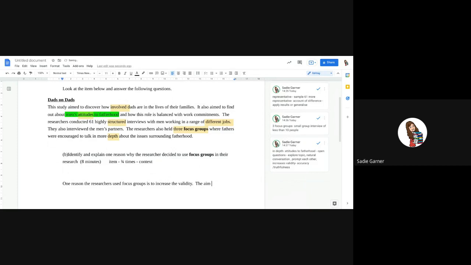It's my reason. The aim, or one of the aims, was to look at men's attitudes to fatherhood.